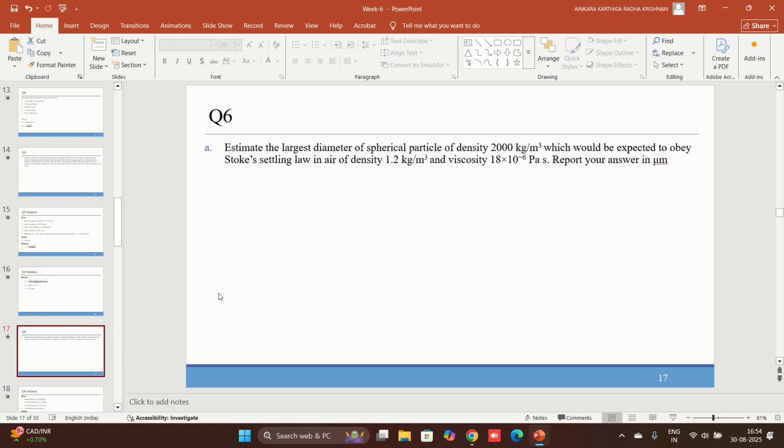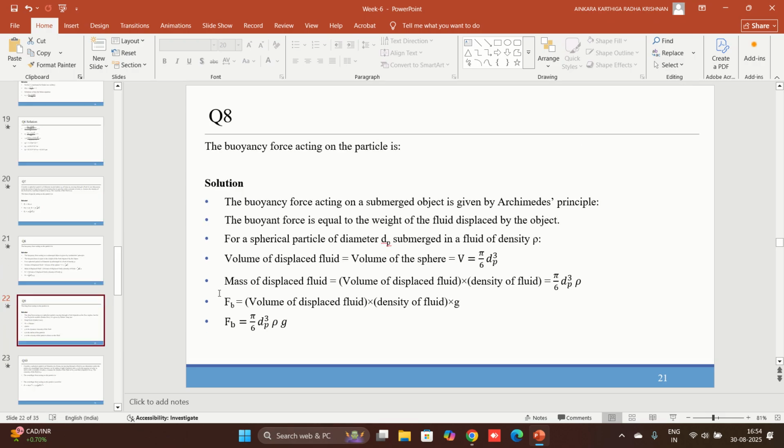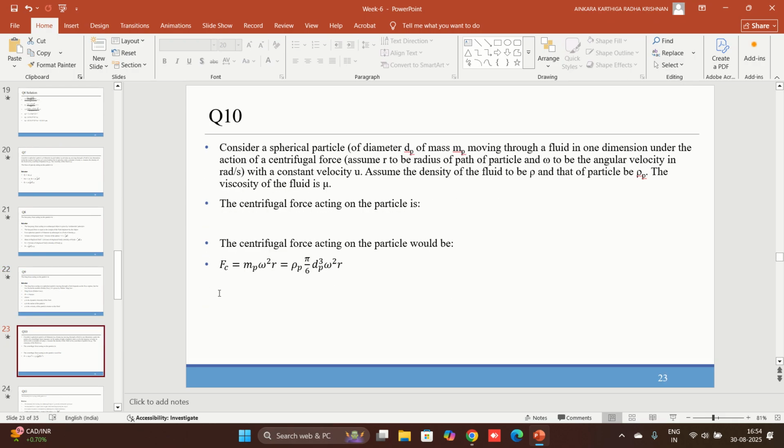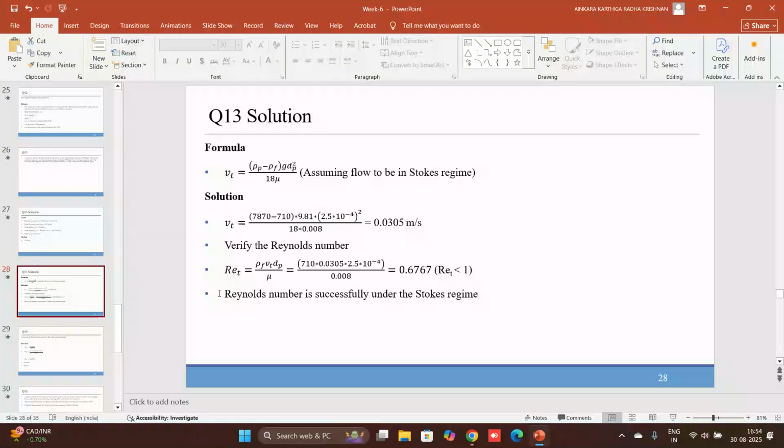Read the question more than once. Again, it is asked to find the largest diameter of the particle, which is obeying Stokes law. So we combined Reynolds number and the Stokes law equation and found the answer. And later it is about identifying the force formulae. And at last we had few problems of identifying the terminal velocity, and we compared it with the Reynolds number.